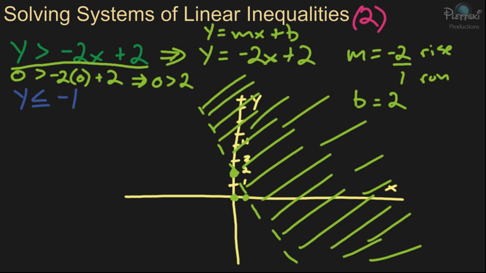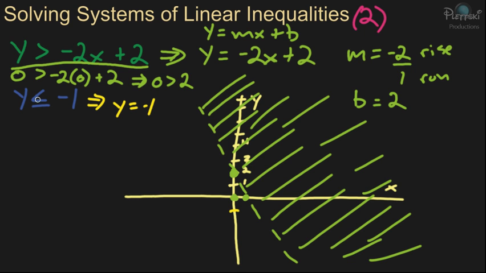Now the second inequality, y is less than or equal to negative 1. So we want to graph the line y equals negative 1. And this is pretty easy to do. Y equals negative 1 is going to be a horizontal line where y is negative 1.